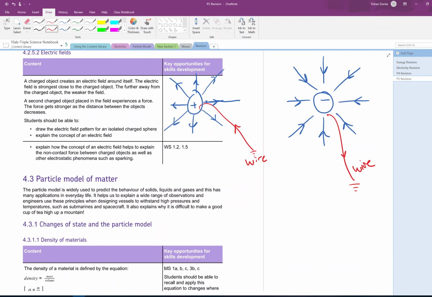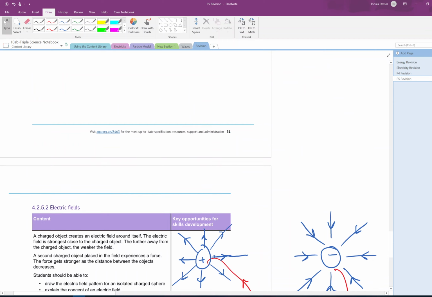Which means that the device is no longer live, so it really is quite clever that an Earth wire, in keeping the user safe, also allows the device to turn itself off.